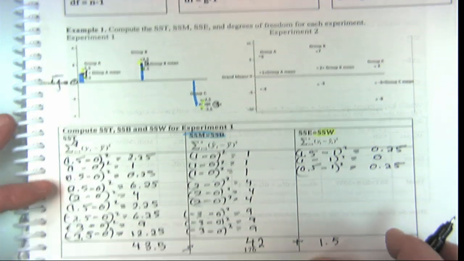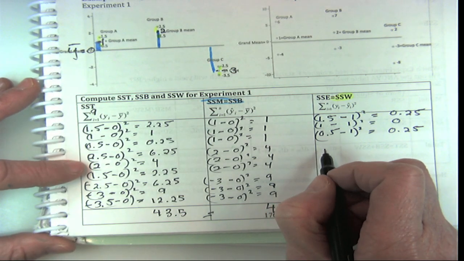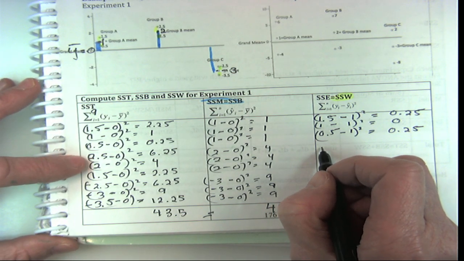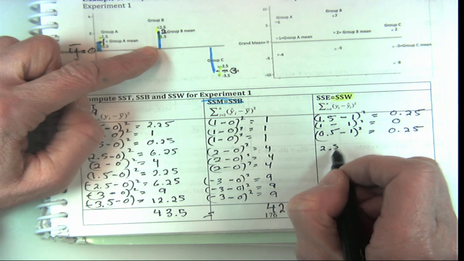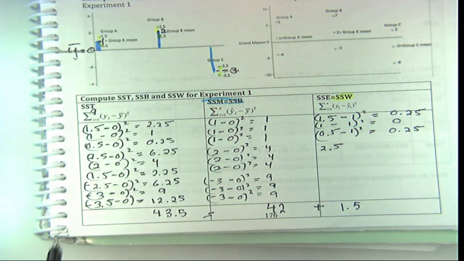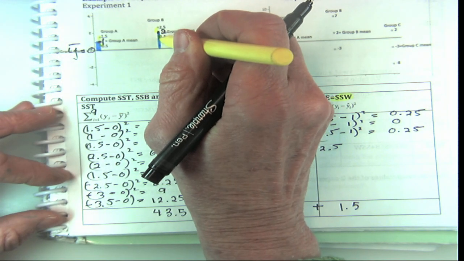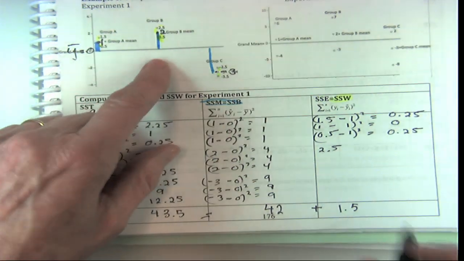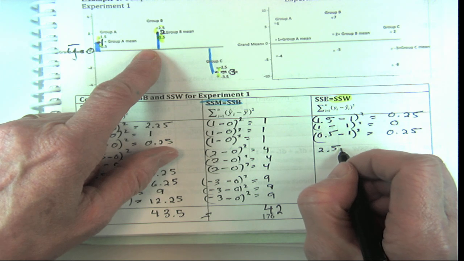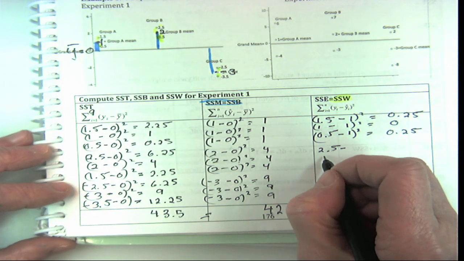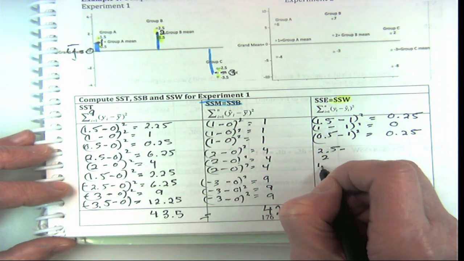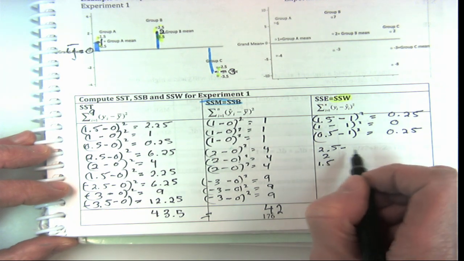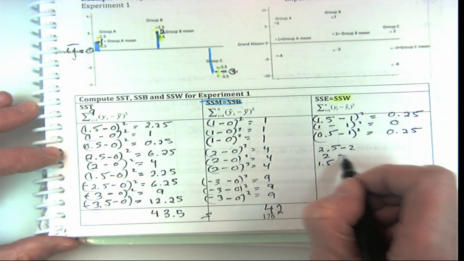Okay, now we're going to do our next 3 points, which is 2.5. We're just looking at these little differences. So that's 2.5, 2, and 1.5 minus their predicted, which is all 2.